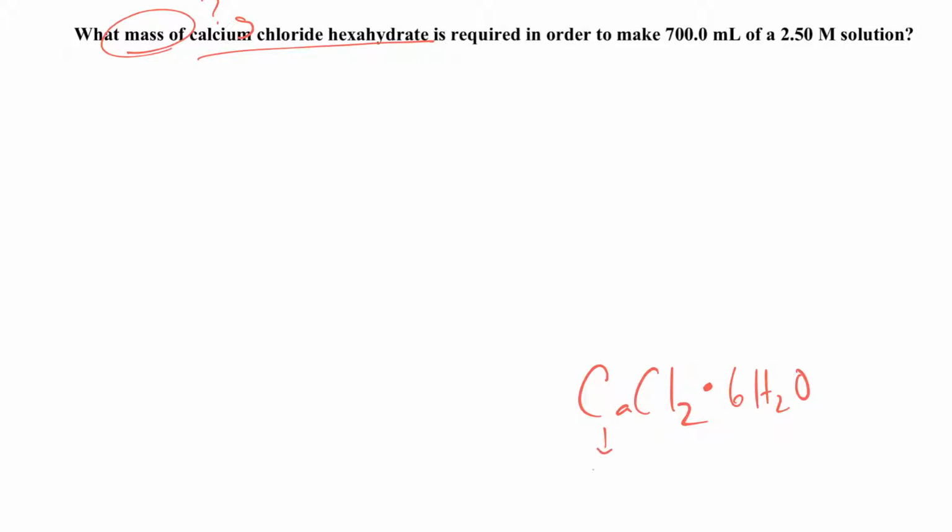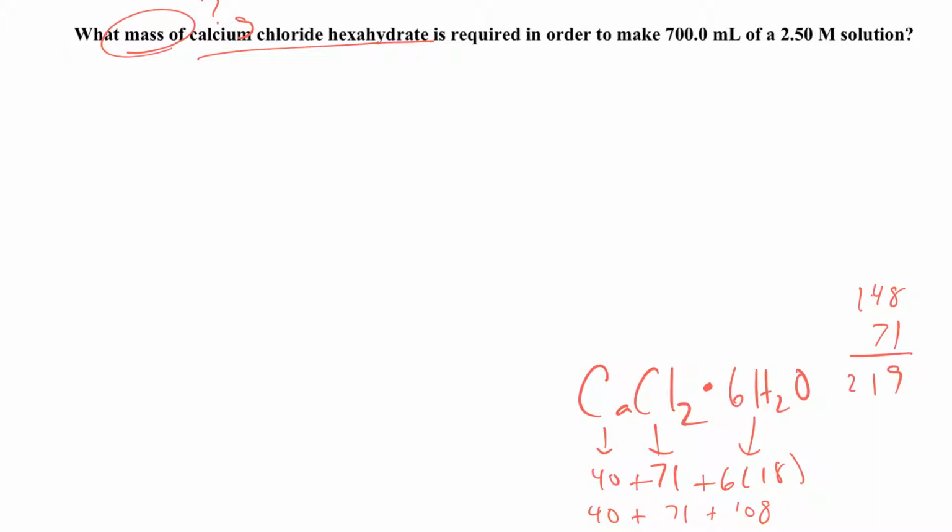So calcium's 40, chlorine is 71 with 2 of them, and we got 6 times 18. And that comes out to be about 108 plus 71 plus 40. So that's 148 plus 71, 219. So there's the molar mass of this substance.